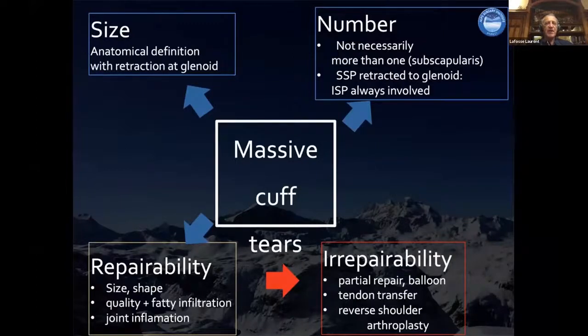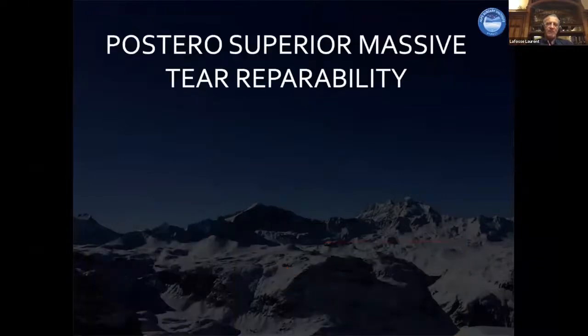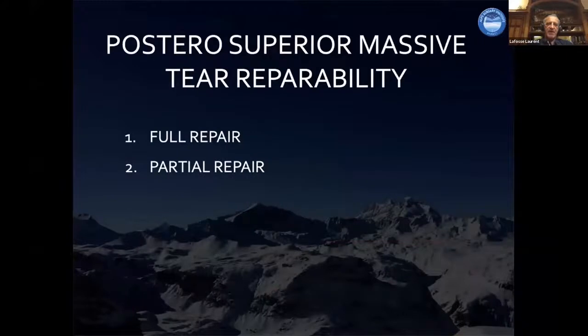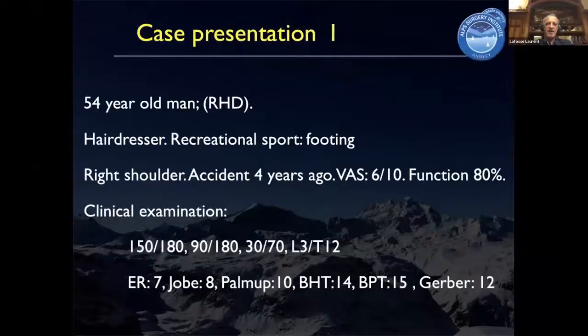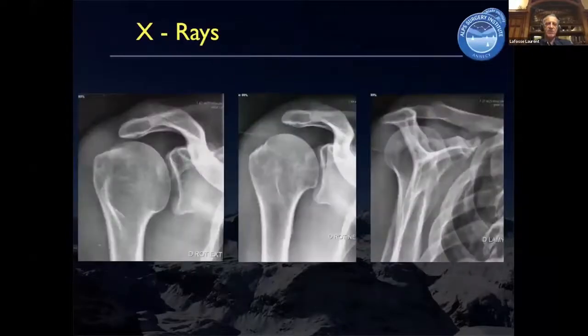So the size of the tear is not always a criterion which correlates directly with difficulty. What is for sure is that repairability matters when you can't repair, and then you need to find something else. But let's look at the repairability and the case presentation for a young guy, a hairdresser.